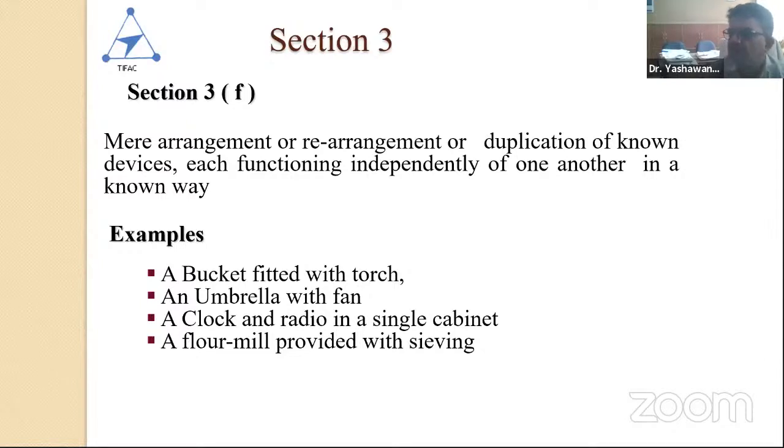See, if we take an electronic circuit, you have a few components which you put in a different manner. You have a transistor, you may have a diode, resistor, capacitor, PCB. So these are all known components, but you make different arrangement and rearrangement, means you connect them differently.